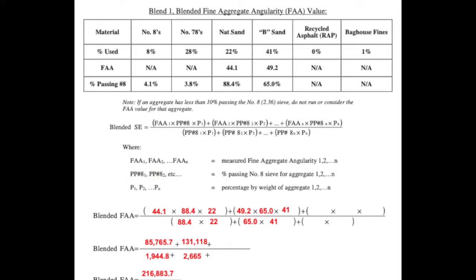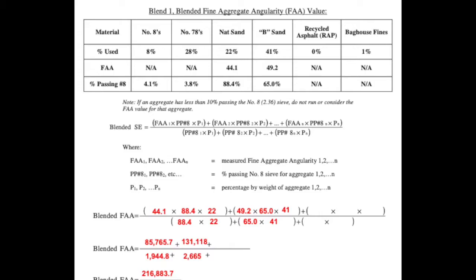So now we will turn our attention to blending the FAA values. Let's look at the formula in the middle of the page underneath the table. FAA representing the fine aggregate angularity value that we gained running each test on both products.